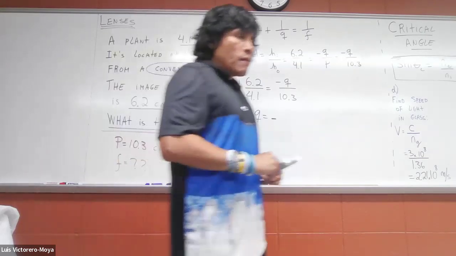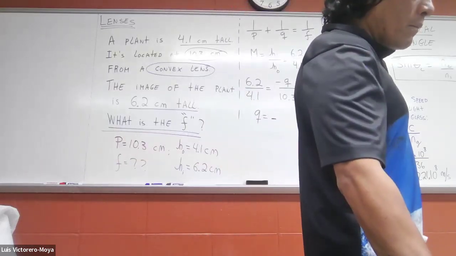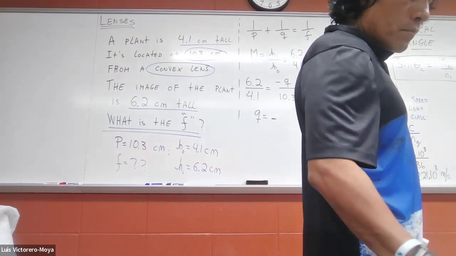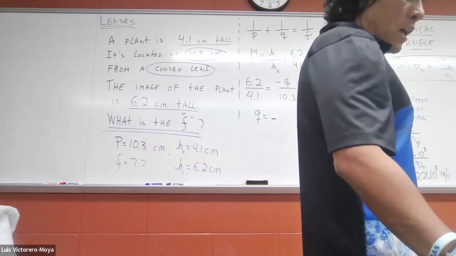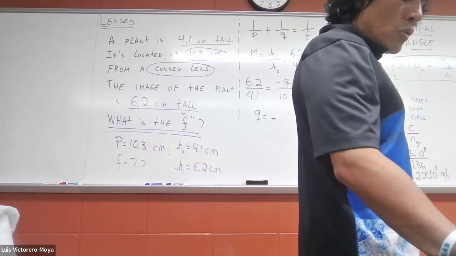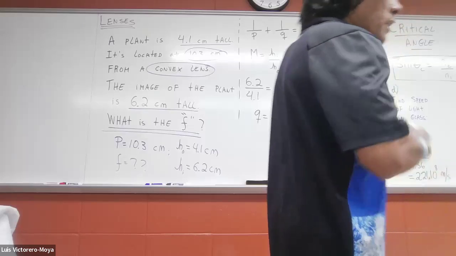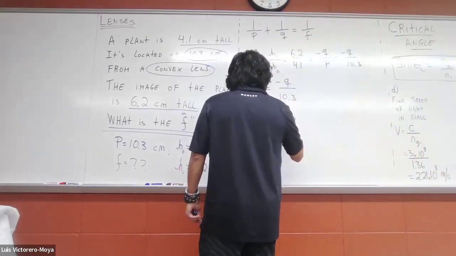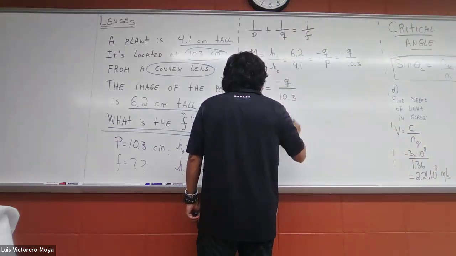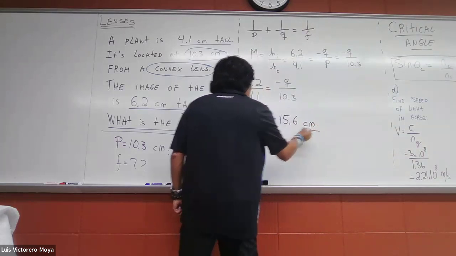So that will be 10.3 times 6.2 divided by 4.1. That's negative 15.6 centimeters.